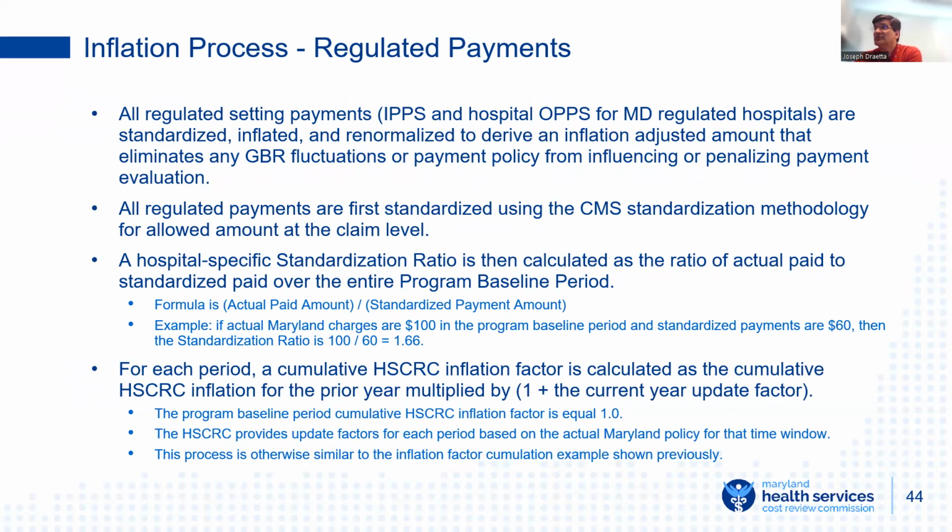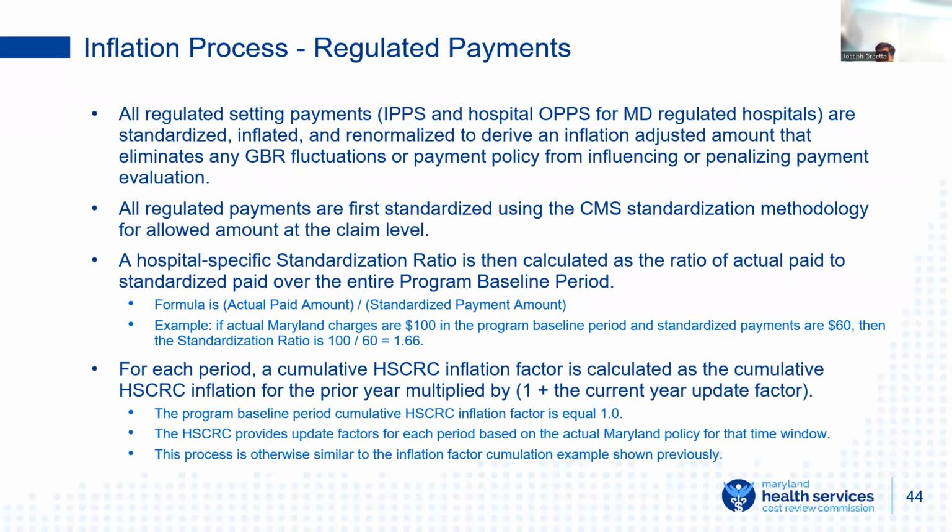Finally, for regulated payments, what we do is we implement that standardization that was described as a very first set. And basically, we use a CMS standardization for allowed amount method to do that, to make sure that we're equalizing out any payment variance that's due to policy effects.